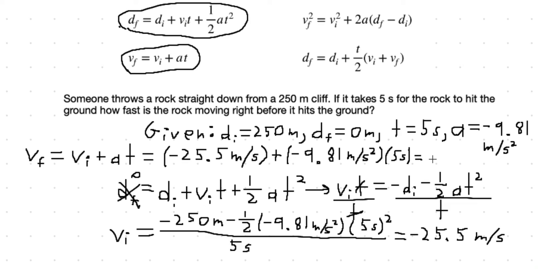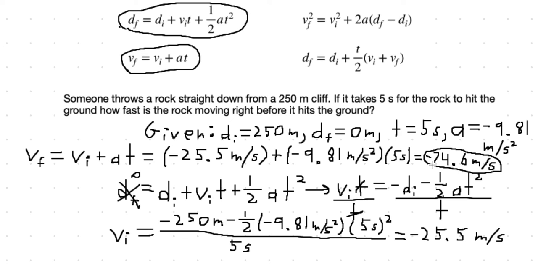And if I put this on a calculator, I'm going to get negative 74.6 meters per second. So that's going to be my final velocity.